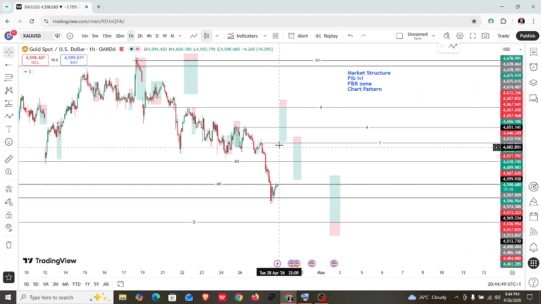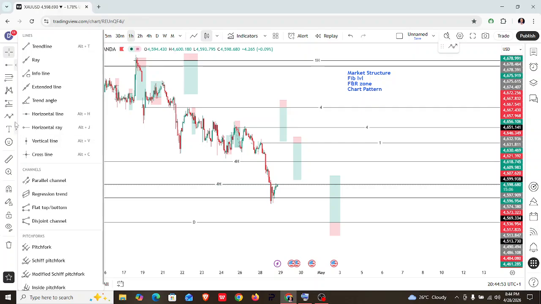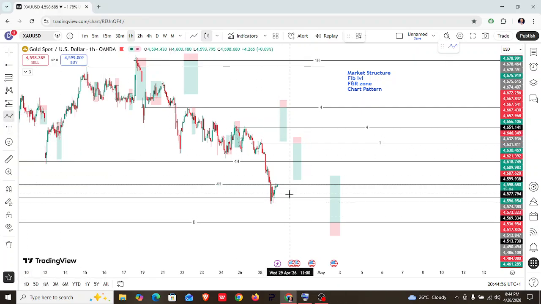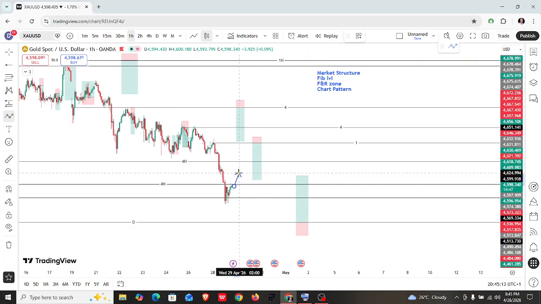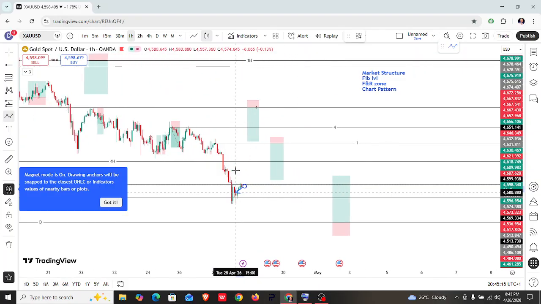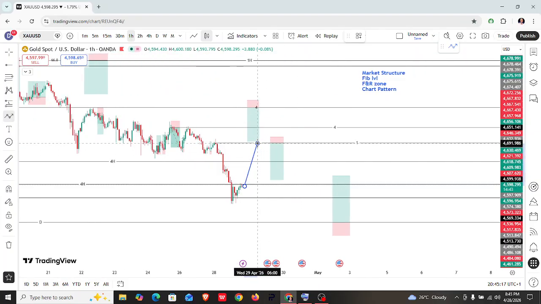When price gets to this zone, I'm expecting it to do something like this. That's the same strategy I previously talked about, and that's the same strategy I'm using. When price gets to this F&R zone, this is actually a higher probability trade for me than these zones. So when price gets to this zone, I'm expecting it to do something like this.